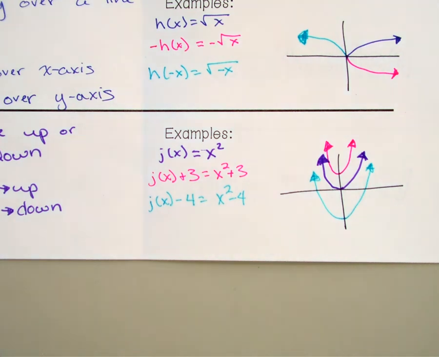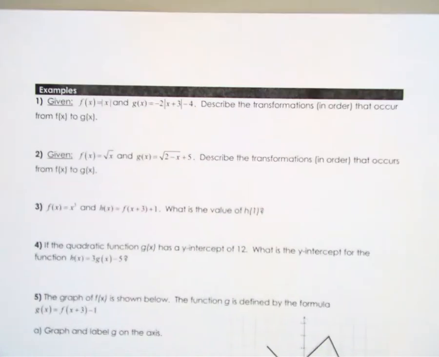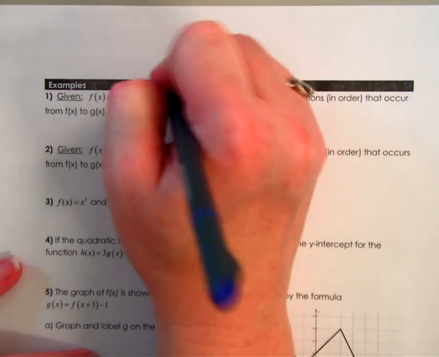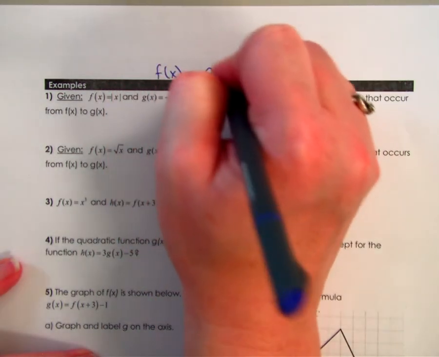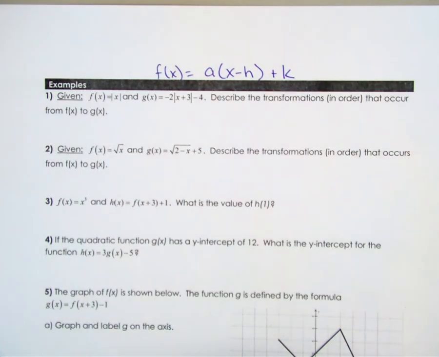So let's take a look at a few examples. Let's look at that other paper I gave you. Oh, let's zoom out a little bit. So here's a generic function formula for you. It changes depending on if you have a quadratic or a cubic or anything along those lines, but this is the basic way it looks.